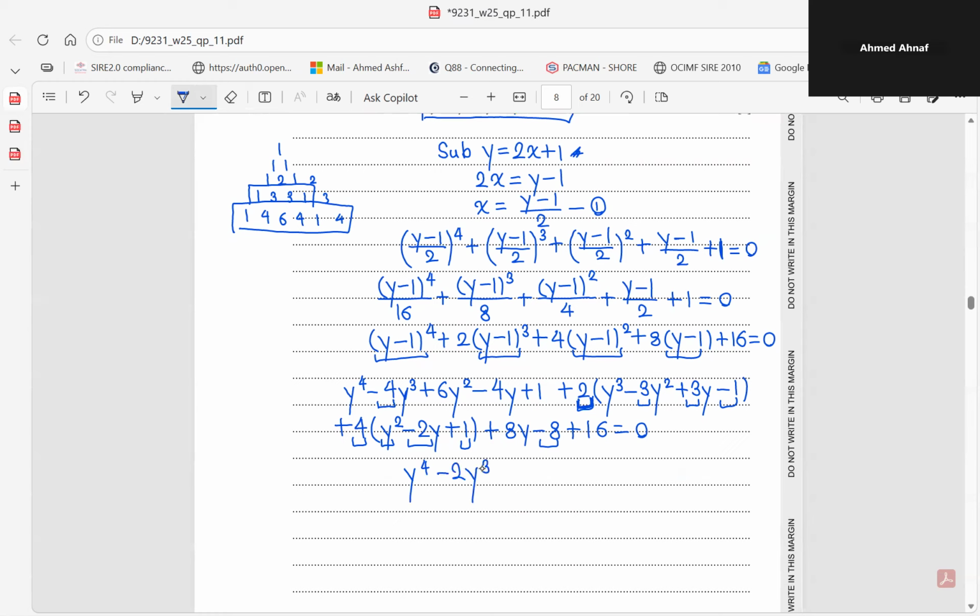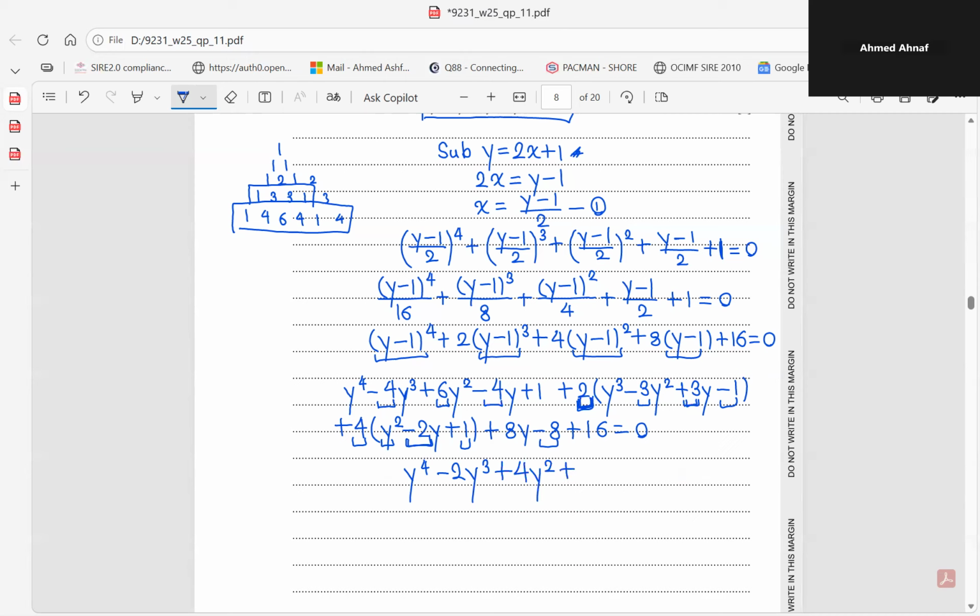And then for the y squared term you have plus 6y squared times 2 times -3y squared, so that is 6 minus 6y squared plus 4y squared, which is just plus 4y squared. And then you have minus 4y, 2 times 3y. So minus 4 plus 6y, 4 times -2y. So minus 8y plus 8y.